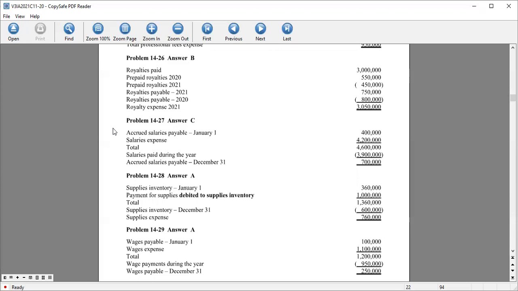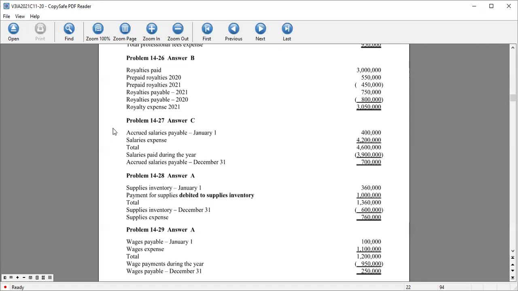Next, number 28. What is the adjusting entry for supplies expense at year end? So we have the supplies inventory on January 1. Then we add payment for supplies debited to supplies inventory in the amount of 1 million. The full amount of 1 million was debited to supplies inventory, so you add this to the inventory balance on January 1.